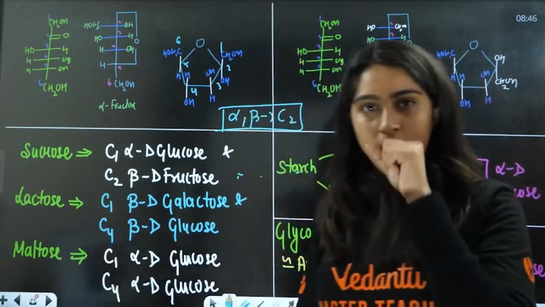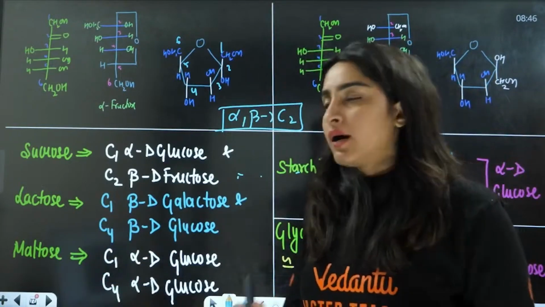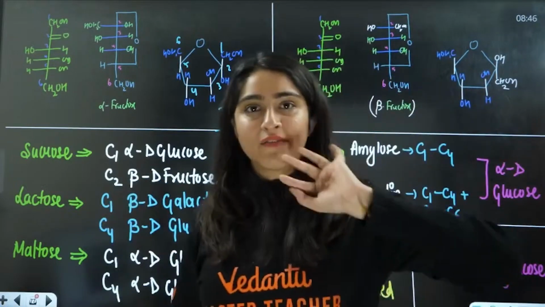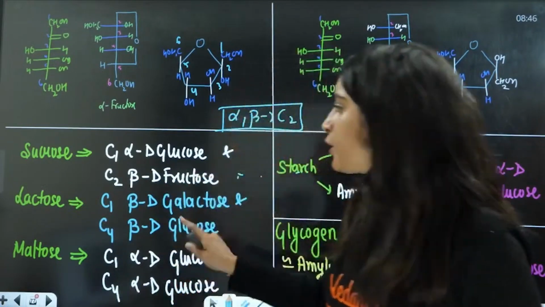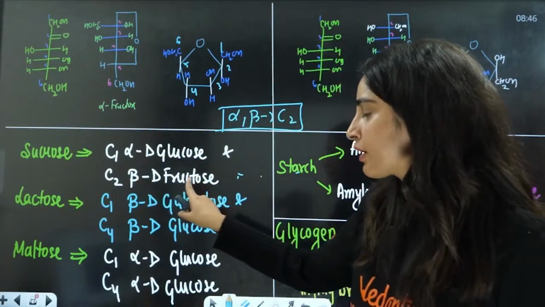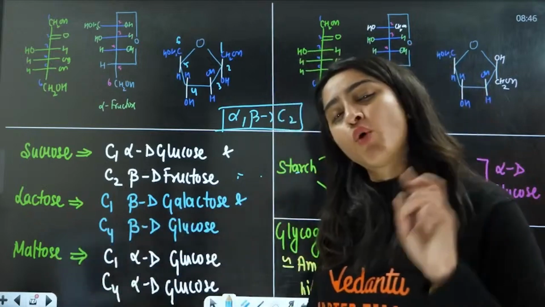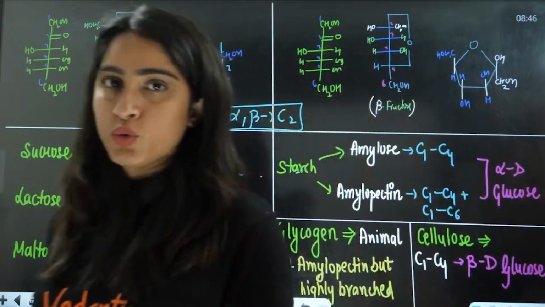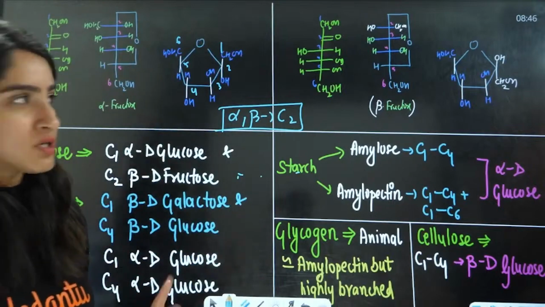Sucrose is C1, C2; lactose and maltose are C1, C4. Here you have alpha D glucose, beta D fructose. Here you have beta D galactose, beta D glucose, and in maltose both the units are alpha D glucose, right? If you remember this, you will be able to draw the structures.